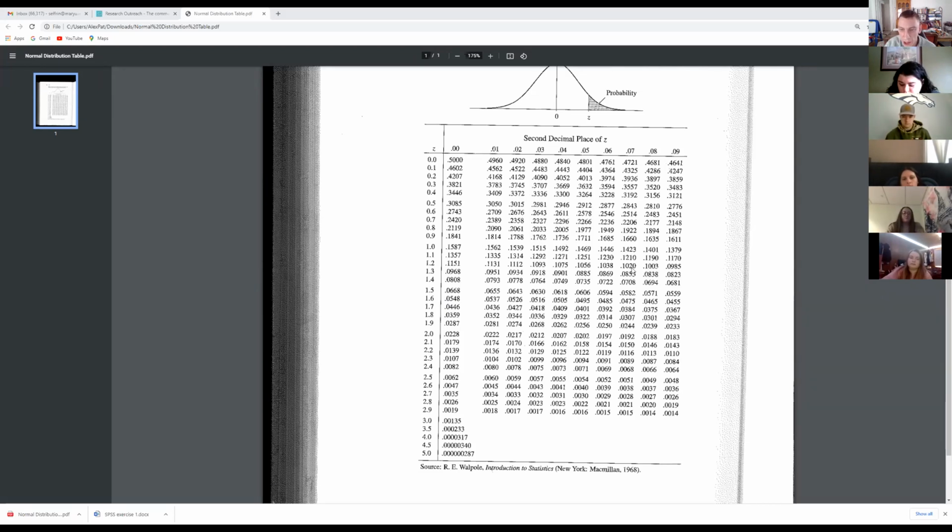This is like the reverse of what we just did. We find it within this table and say, okay, that means that z-score is 1.28. The z-score of 1.28 indicates about 10% of the distribution lies to the right of it.